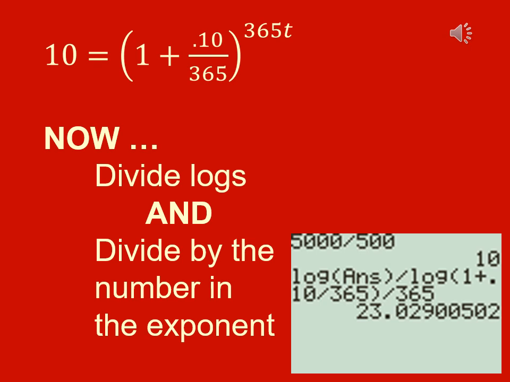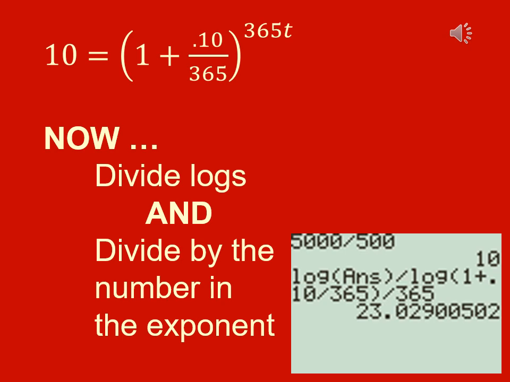So here I take the log of the answer, divided by the log of 1 plus 0.10 over 365, and finally, I divide by the 365 in the exponent. You can see the answer here is like 23.029. That means it's just a little bit more than 23 years that it'll take for Jeff Bezos to have all that money.